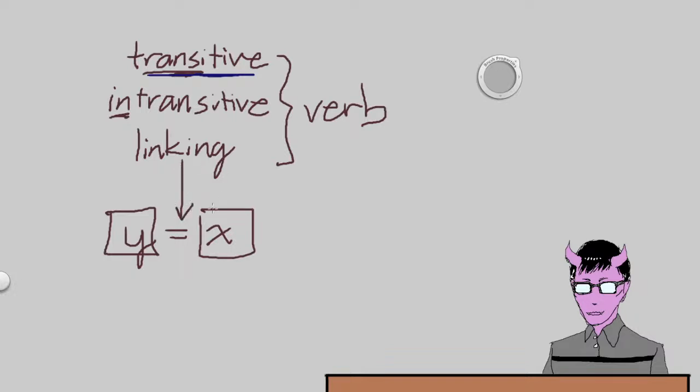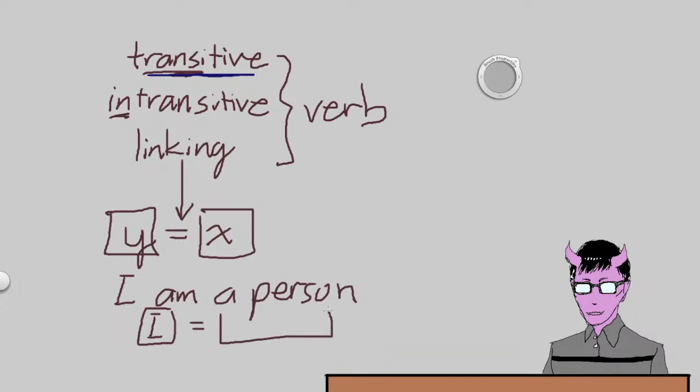So the linking verb is just the equal sign. So you can say, I am a person. This statement is ultimately saying thing number one is equal to thing number two, a person.